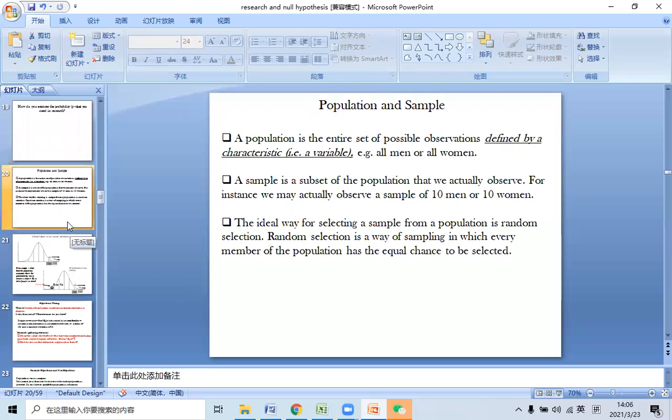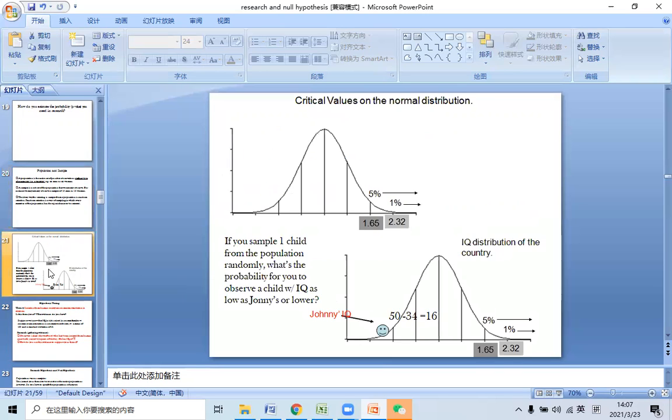Let's look here. So now we need to use probability theory, where, remember, we were talking about probability all the time. The normal distribution is a probability curve. Look at this curve.